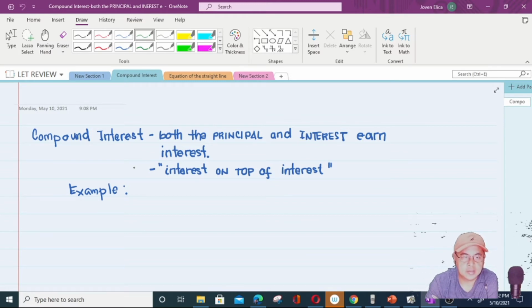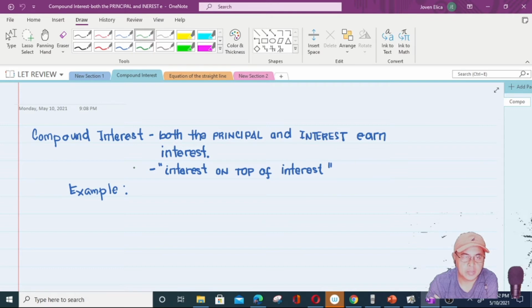Meaning to say, if you have a principal value, let's say 200, the interest earned on that principal will be added. So in other words, this is an interest on top of the interest.